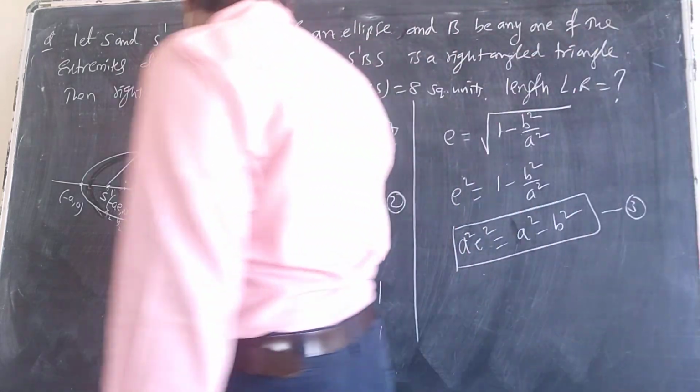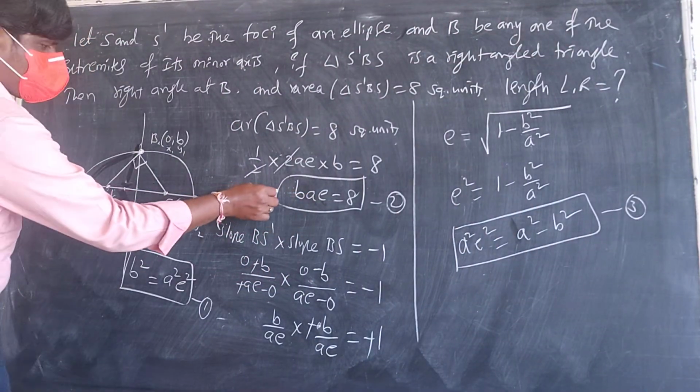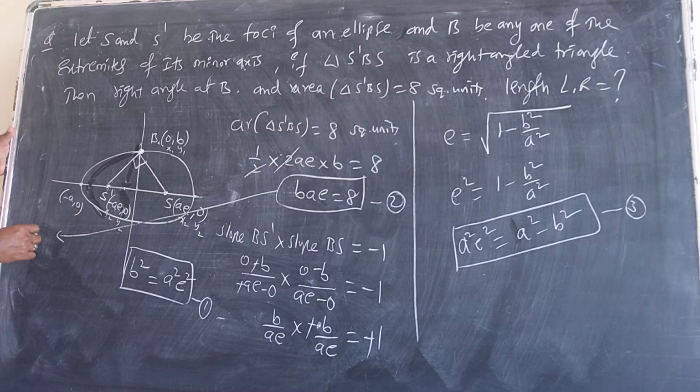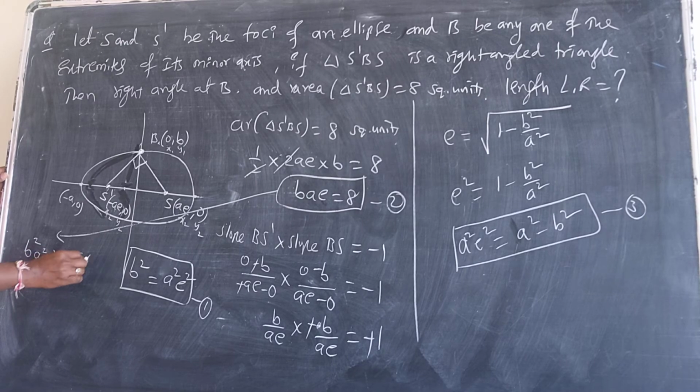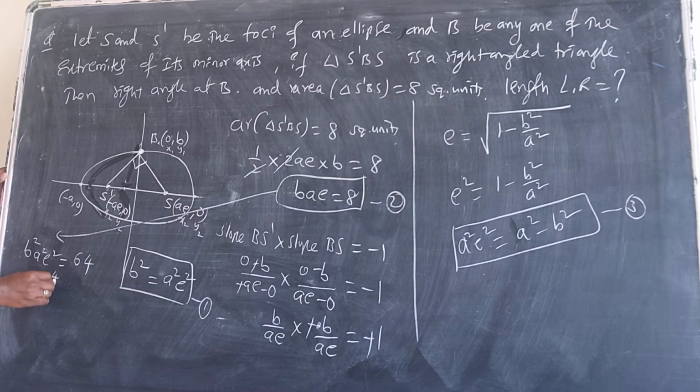Okay, let's see. If I square this, b square a square e square is equal to 8 square, which is 64. And you know that a square e square I can write as b square. So b square will become b power 4. b power 4 is equal to 64.